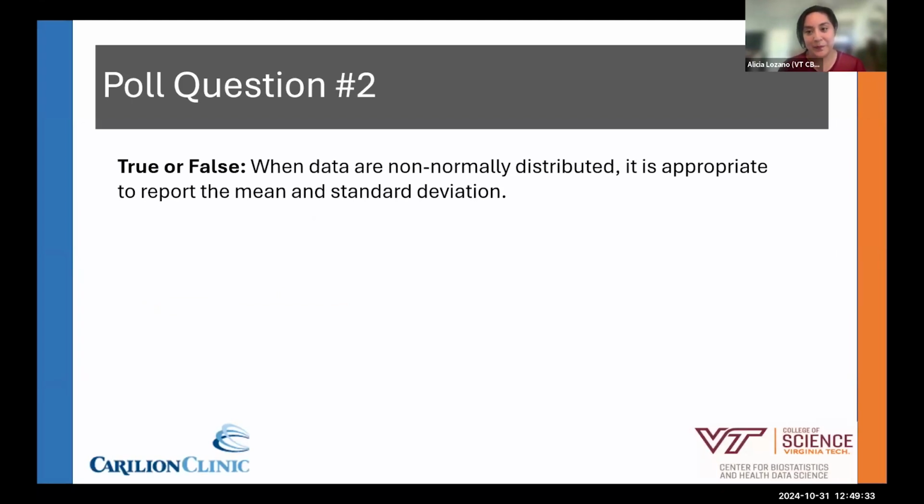But here's our next poll. Got 7 out of 14 responses. Maybe get a few more.